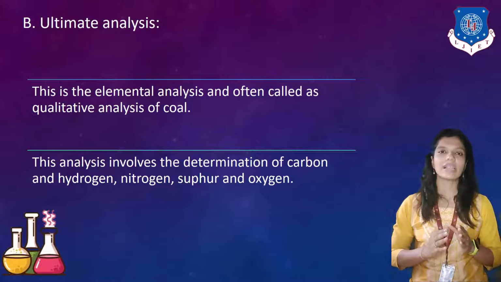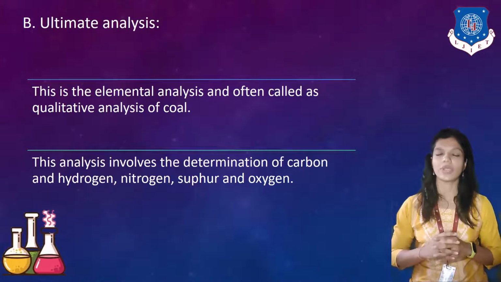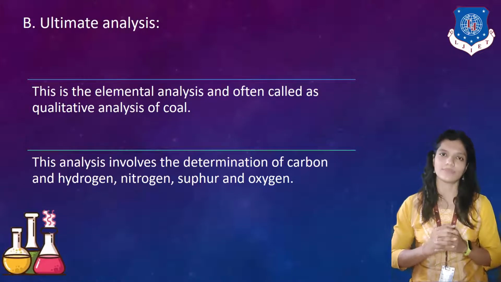This analysis involves the determination of carbon, hydrogen, nitrogen, sulfur and oxygen present in the coal sample. Each and every element present inside the coal sample gives us an idea about the significance or the ranking of that coal.